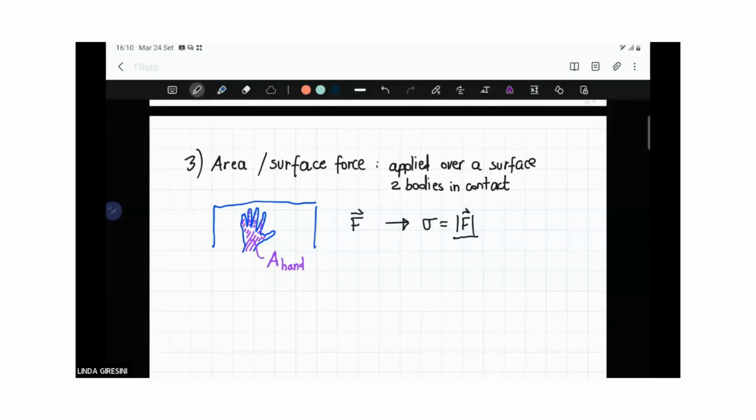The area of the hand, exactly. So as you can see, I need to know what is the area before writing the surface force or the area force, because otherwise I cannot express the area force, right?